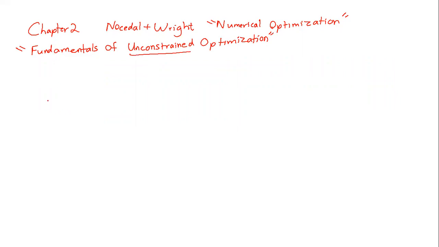But the basic structure is that when you have an unconstrained optimization problem, you want to minimize some function, and you just say there are no constraints: find me the value of the decision variables that makes this as small as possible, and you don't impose additional constraints.